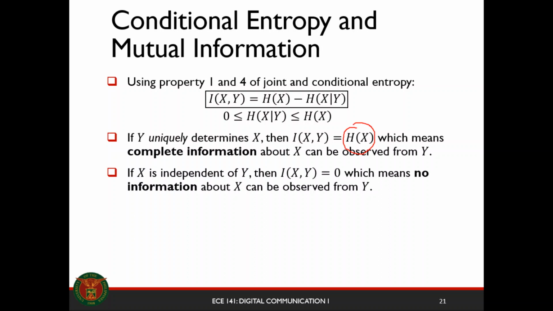Okay. So that's what happens when y uniquely determines x, which means complete information about x can be observed from y, and that will make H of x given y equal to 0. If x is independent of y, then we don't get any information on x if we observe y. And that would mean H of x given y will still be H of x basically. So that's how they are related to each other.